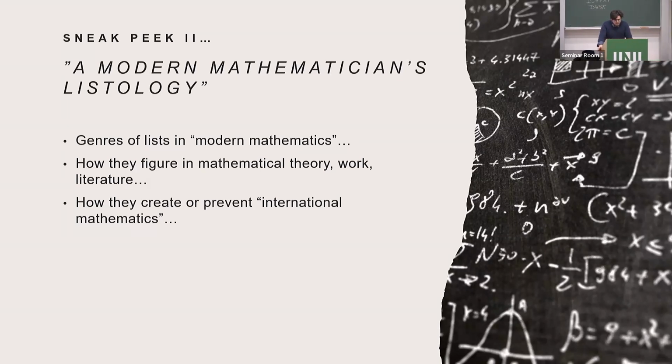I'm trying to study different genres of lists in modern mathematics, how they figure in mathematical work, how they figure in theory and in literature, and how at the same time the lists composed by mathematicians and published in different media did prevent or create international mathematics in the period between early 20th century and 1950s and 60s.